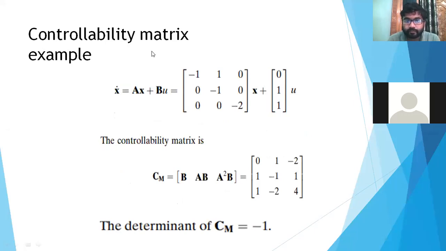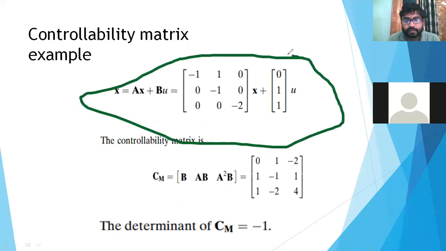See here, the same system represented using a signal flow graph. It is not a pure diagonal matrix. There is an off-diagonal element. It means the equations are not decoupled.